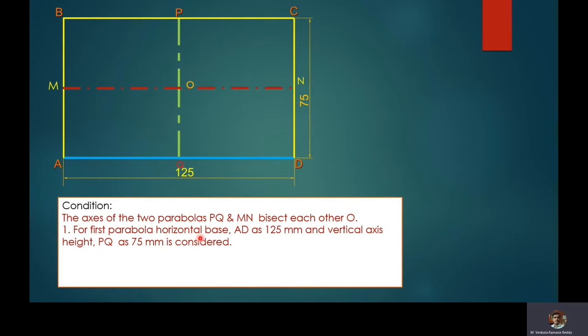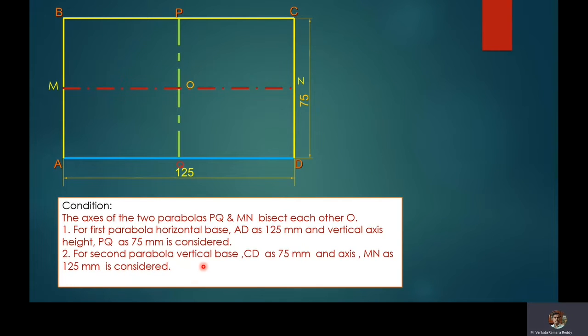For the first parabola, horizontal base, that is AD, is 125 mm and vertical axis PQ height is 75 mm. For the second parabola, vertical base CD 75 mm and axis MN as 125 mm is considered.